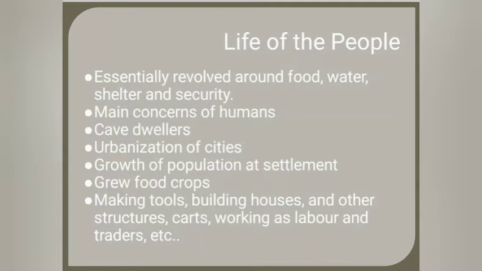If they could make more crops, the other people could concentrate on other works like making tools, building houses and structures, carts, and they would also work as laborers and traders. They had other works to do. So these are the important points if you take the life of the people.